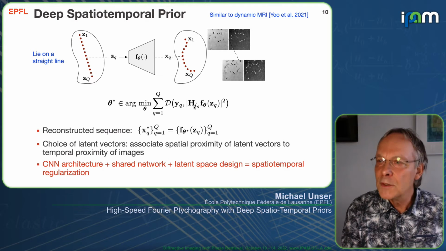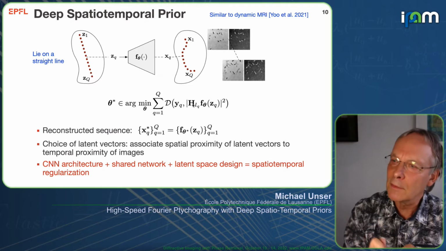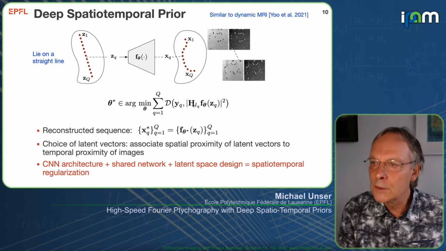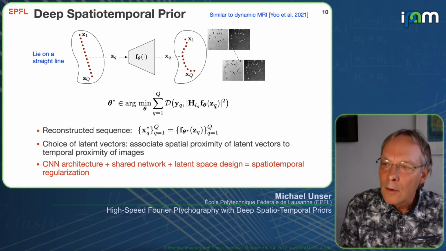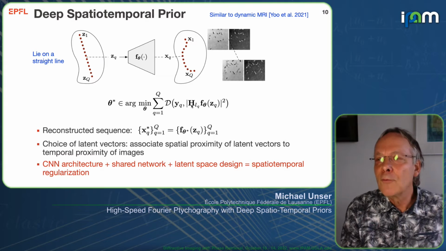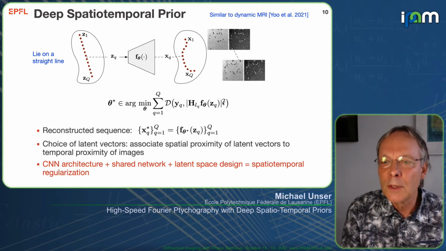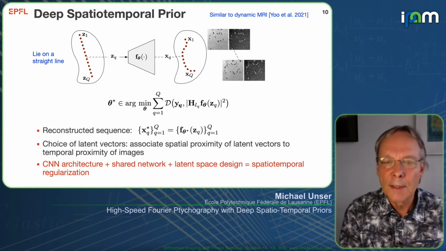Then we have the physics, and the system matrix depends on the lead being used at the moment of the measurement. So every time point has a different system matrix, and at the end we measure the squared amplitude and try to fit that to the data.